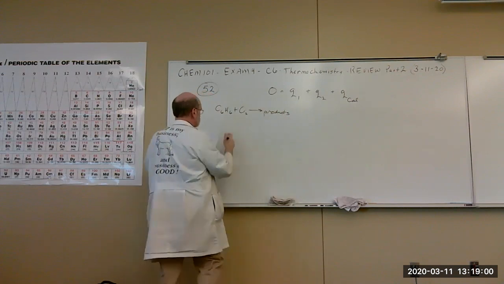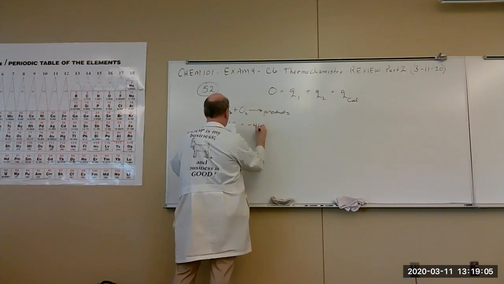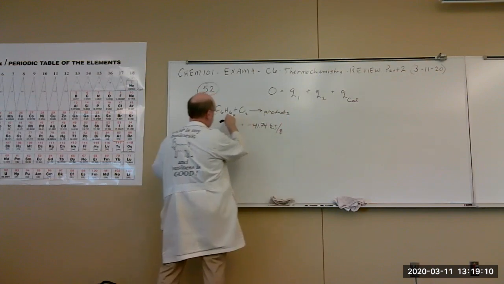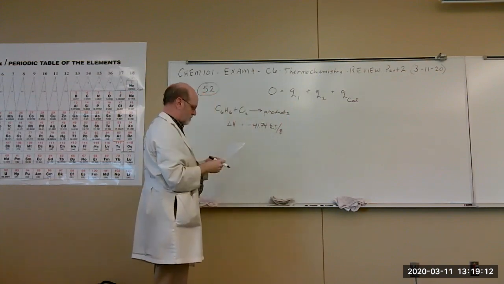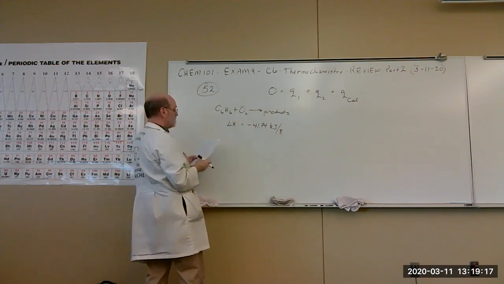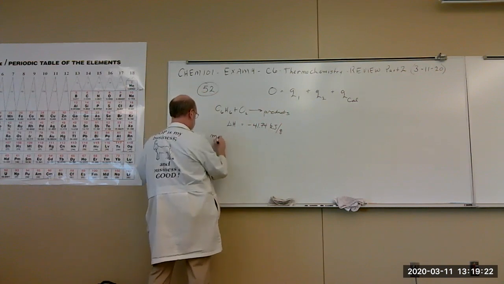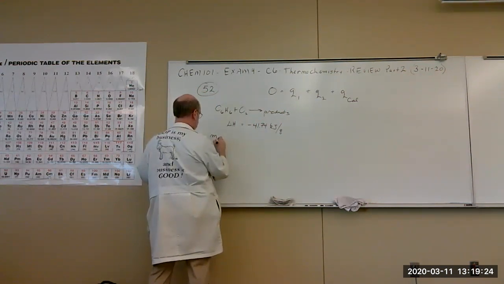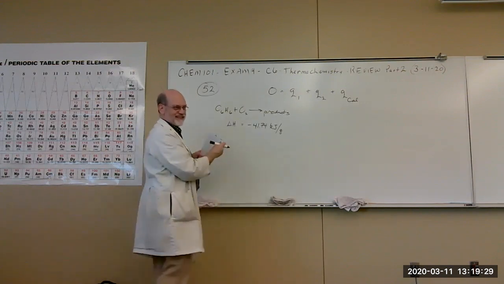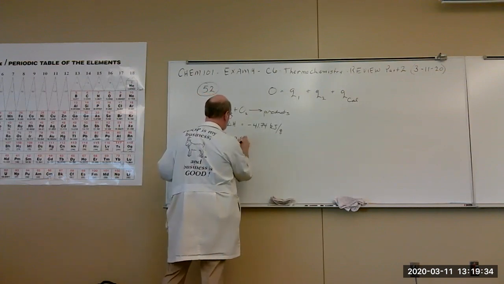The heat of combustion is negative 41.74 kilojoules per gram of benzene. The mass of our benzene is 2.82 grams.